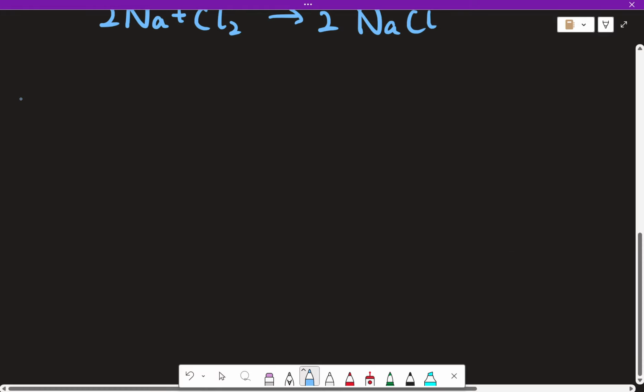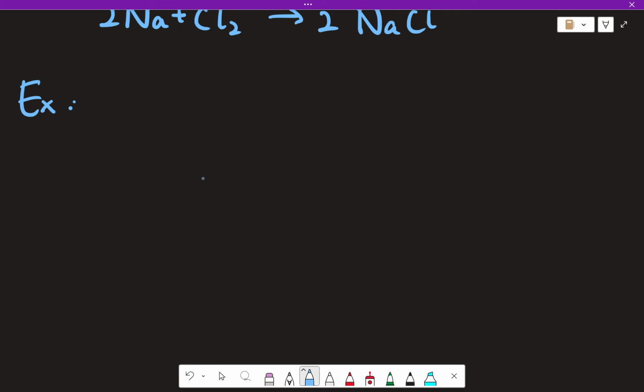We will look at one more example, which in this case, we will be using the elements tungsten and selenium.